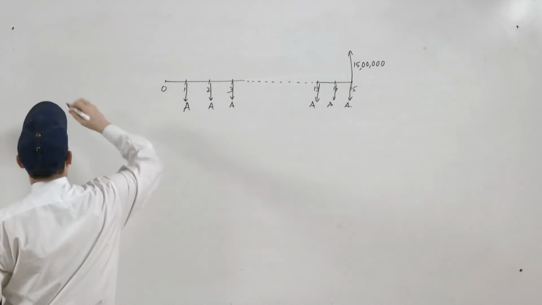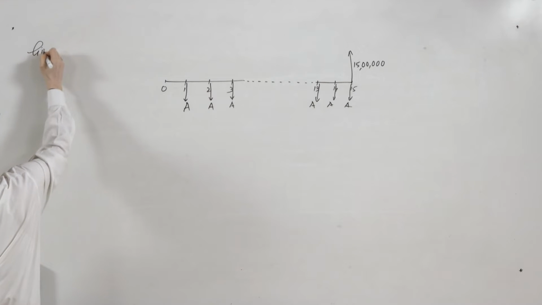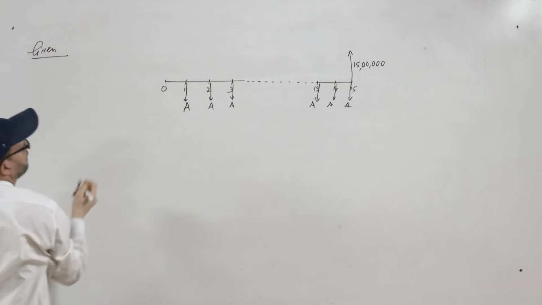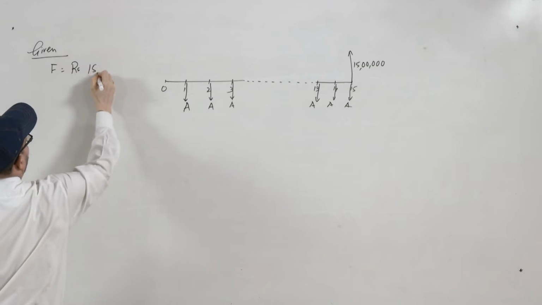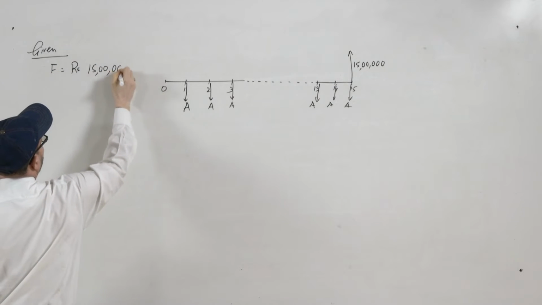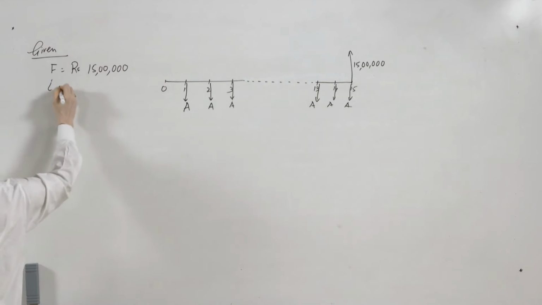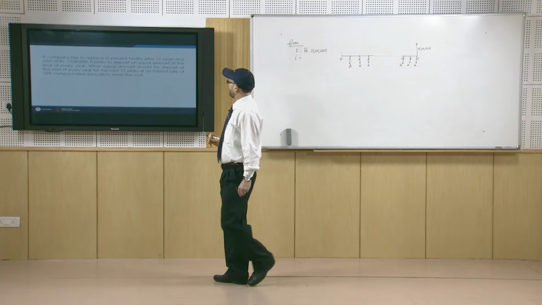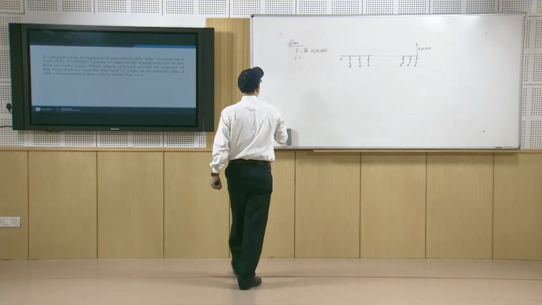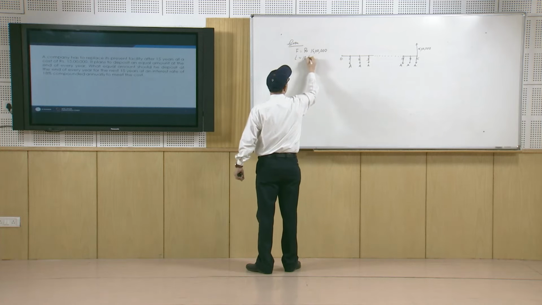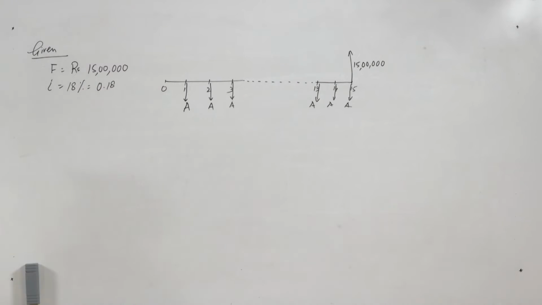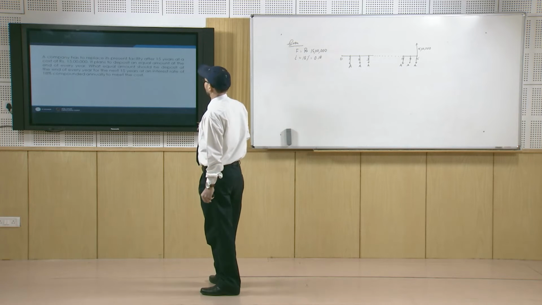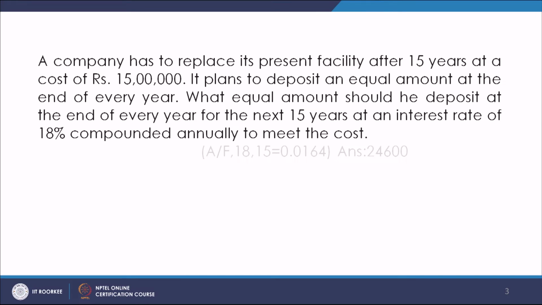So, given F as 15 lakhs, the interest rate i is given as 18% per annum, that is 0.18, and n is 15.